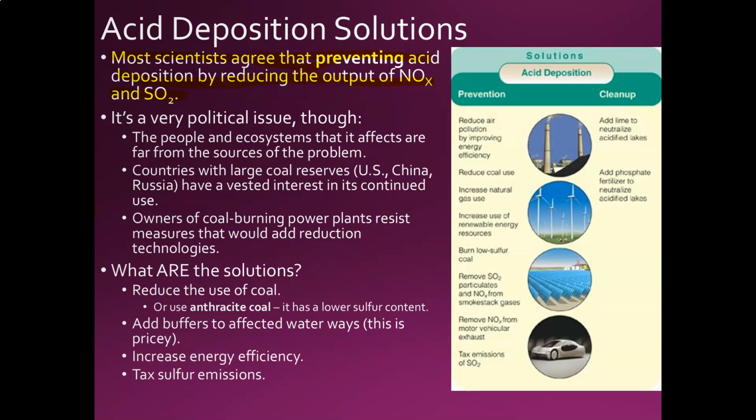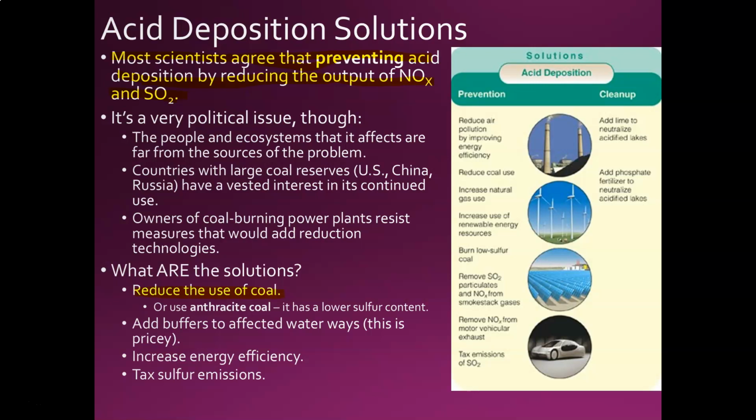So that becomes an issue with trying to move away from those fossil fuels, those things that would emit sources of acid rain. But that is really the number one solution, is if we reduce the use of coal.